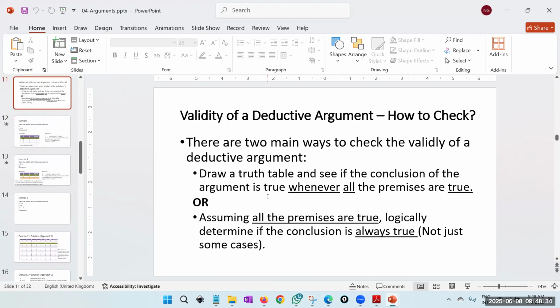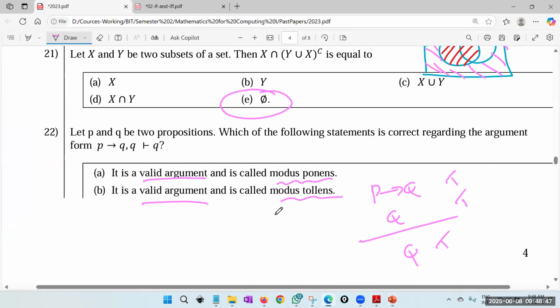Either you can argue with yourself or draw a truth table and see if the conclusion of the argument is true whenever all the premises are true. Okay, let's do it like that also.